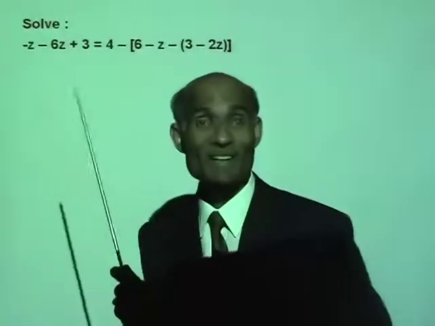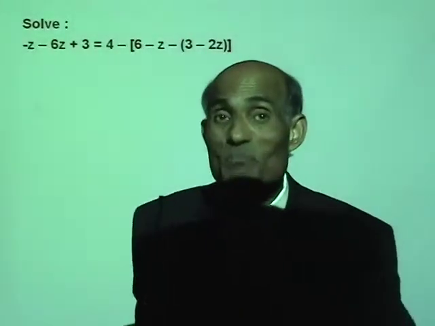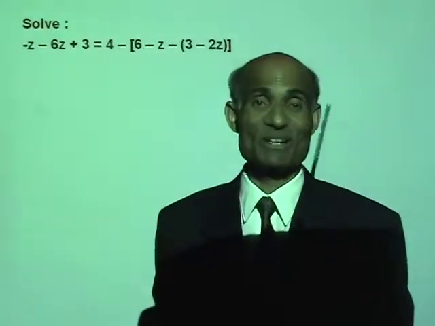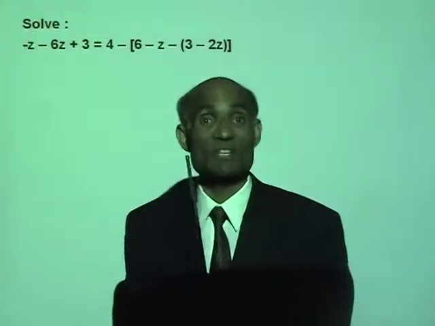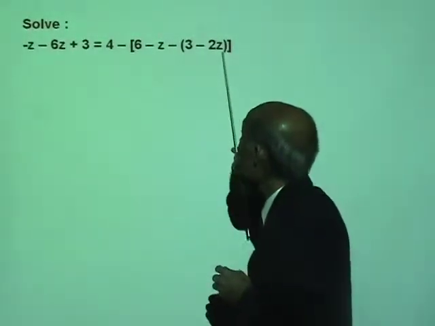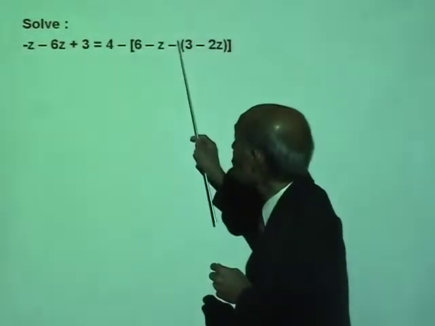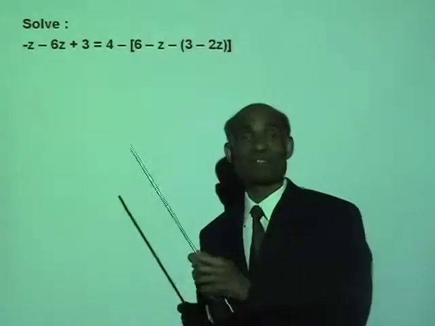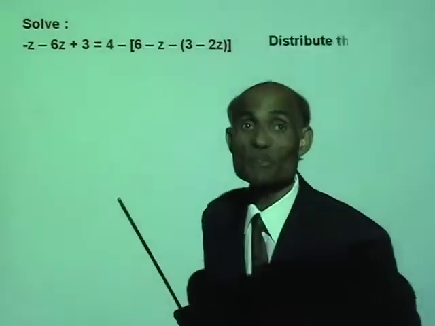You notice here that we need to do a bit of simplification before we can solve the equation. What is the simplification? We need to first of all distribute this parenthesis. That means distribute this negative 1 outside that parenthesis. That is the first thing to do.